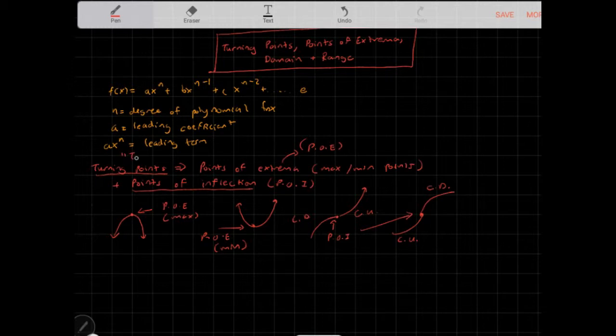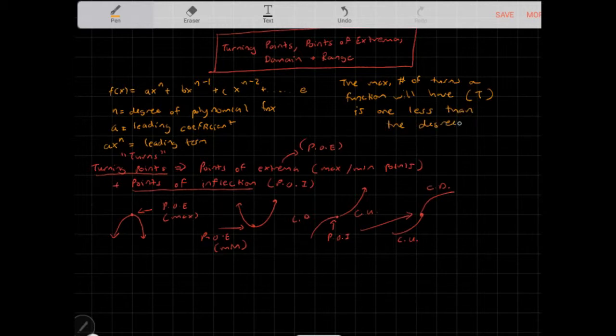We're going to call them turns, and it's really useful because we can use the degree to figure out how many turns you would possibly find in a function. And the maximum number of turns a function will have, I'm going to use t to represent turns, is 1 less than the degree.